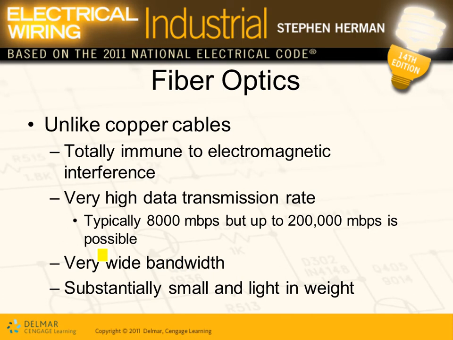Okay, fiber optics. Unlike copper, remember when we talk about copper, we're talking about Cat5, or twisted pair, the pairs that we use, or you are talking about coaxial cable. So these are what we're comparing with. Fiber is immune to electromagnetism.